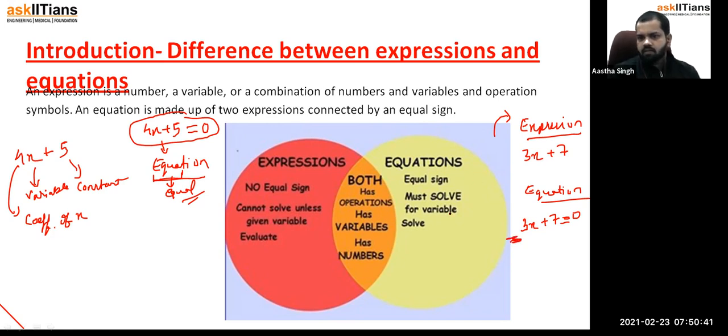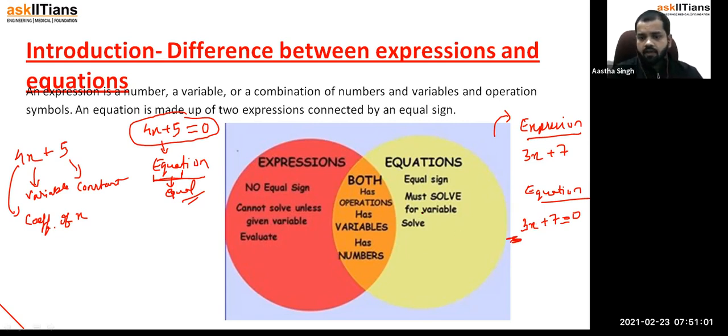In equation, the equal sign must be solved for variables only, right? Like the variable whose value is not defined, we have to assume it. Sorry, not to assume it. We'll calculate the value of your variable. I think you got the difference between expression and equation.